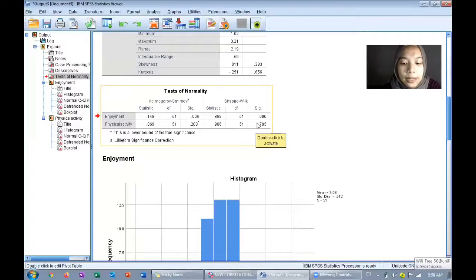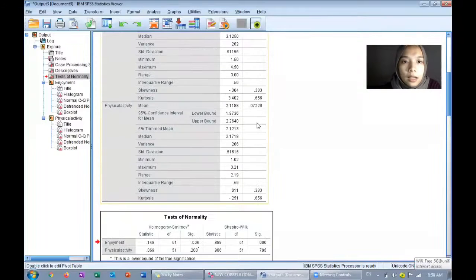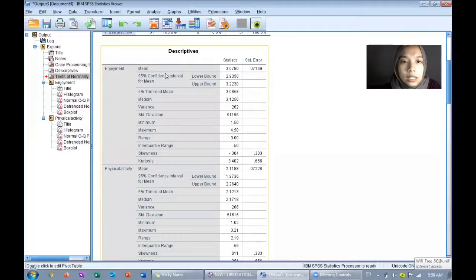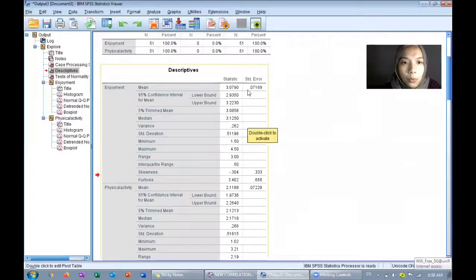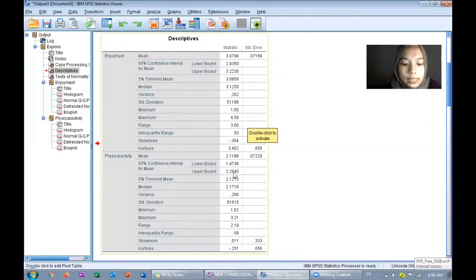When one variable is not normal, we have to refer to the skewness and kurtosis. The skewness and kurtosis are in the table above, this descriptive table. So we have to look at the enjoyment skewness and kurtosis.